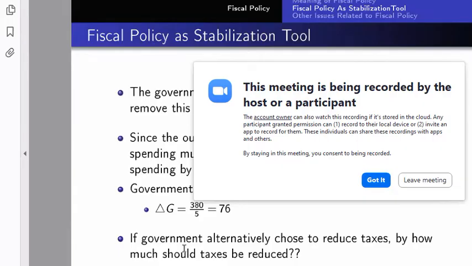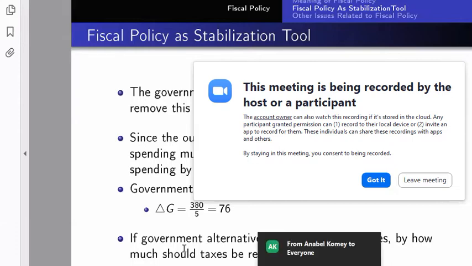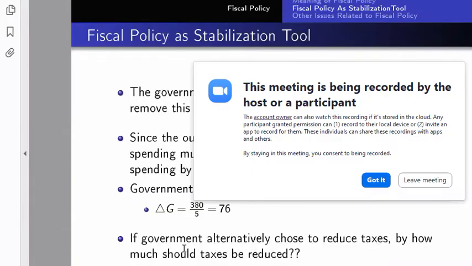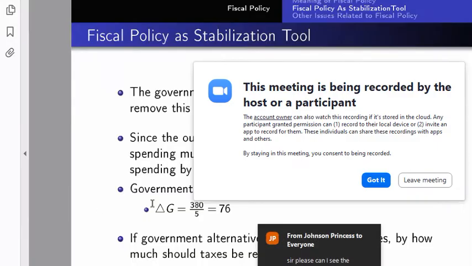So take your time and know what the autonomous tax multiplier is and what the other multipliers are. If you are asked, if the government alternatively chooses to reduce tax, it means you have to use this formula: the 380, the gap, over the autonomous tax multiplier. But understand why we are using the gap. The gap is the change in Y, like what I did.